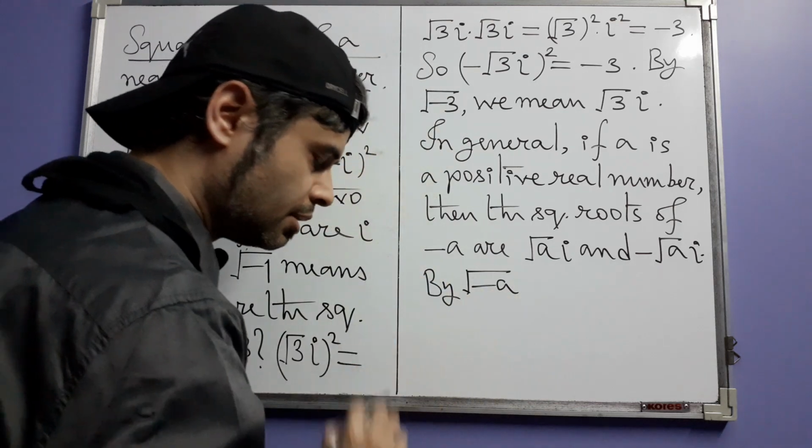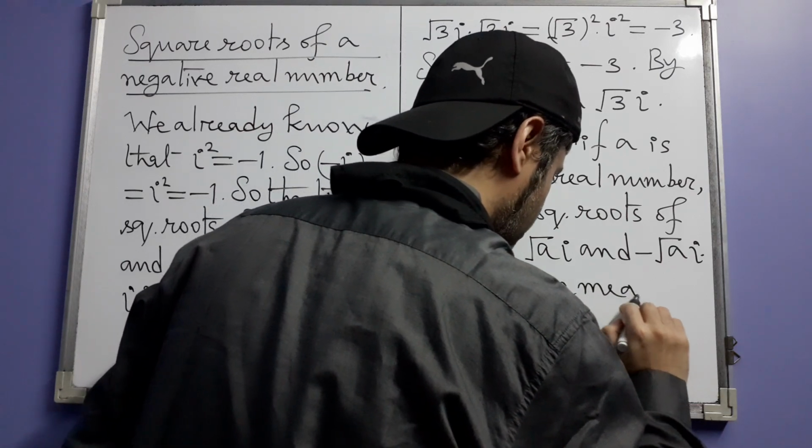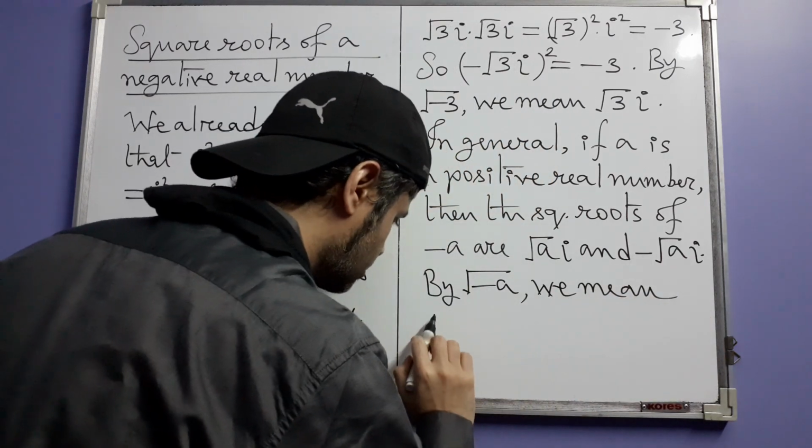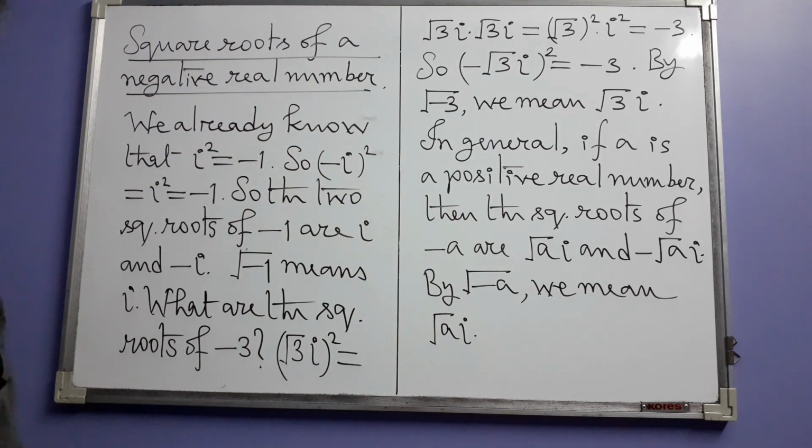Whenever you see root minus a, it will mean this complex number.